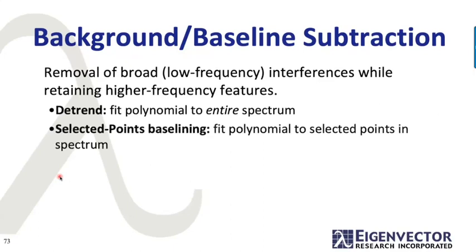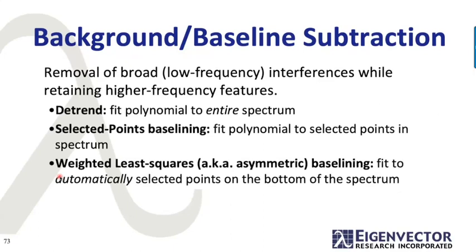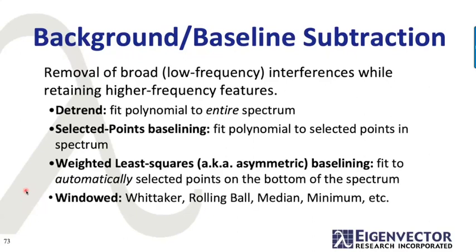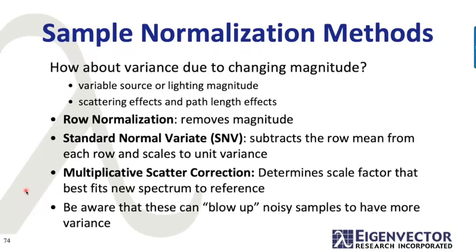You can do selected points baselining. We have some routines like weighted least squares baselining that automatically fits points to the bottom of a spectrum and then subtracts the baseline out. There are windowed methods like Whittaker and rolling ball. So there's a lot of ways to do baseline subtraction.